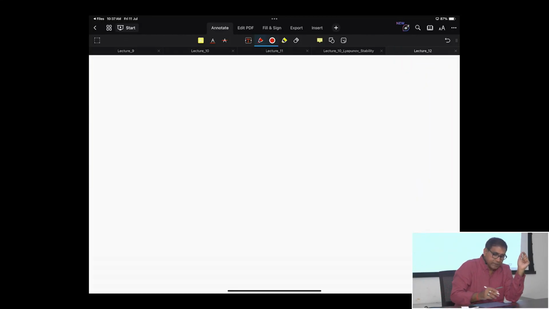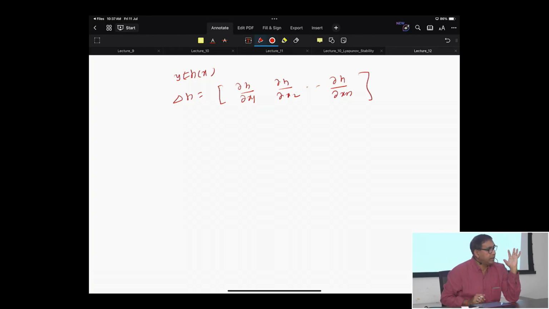Y is equal to h(x), a scalar. So del h is equal to del h over del x1, del h over del x2, up to del h over del xn. That is the standard definition.